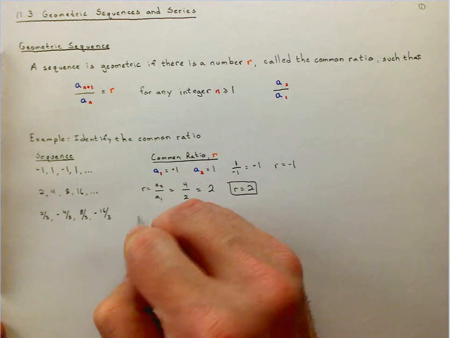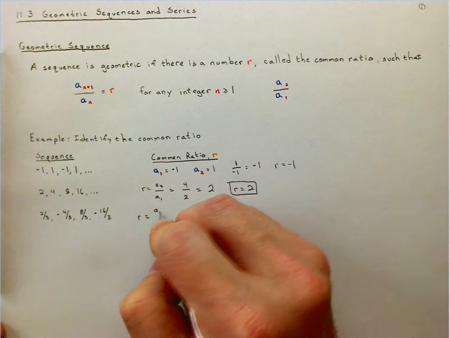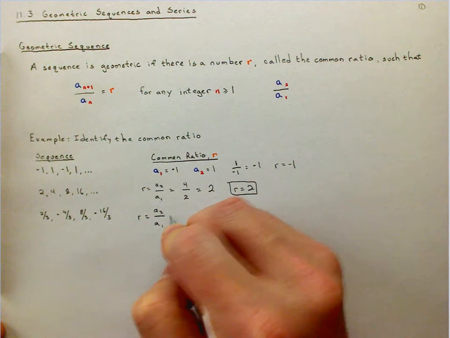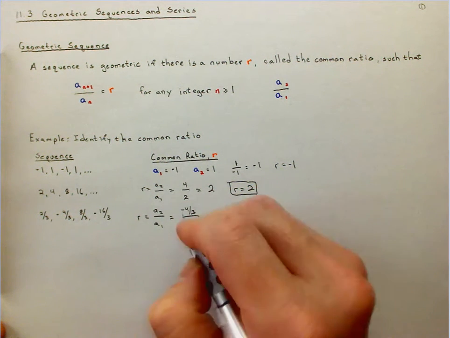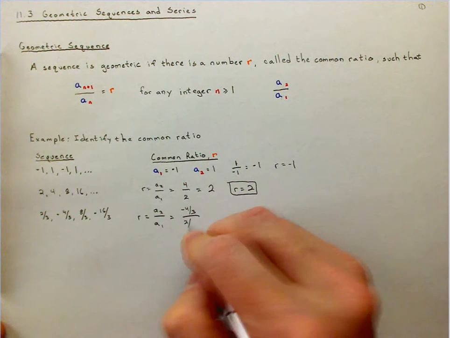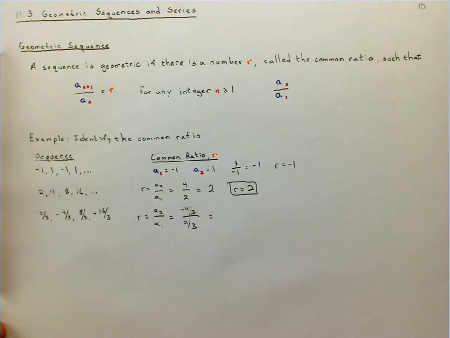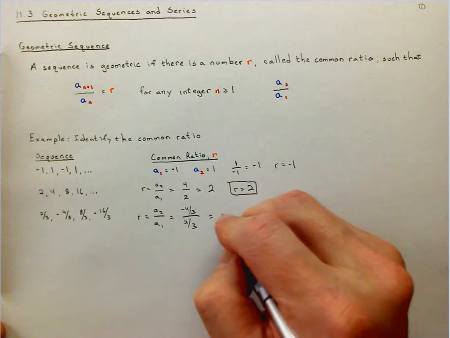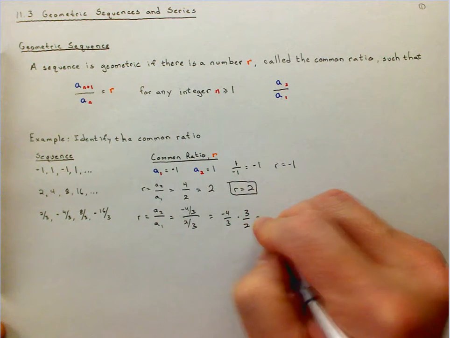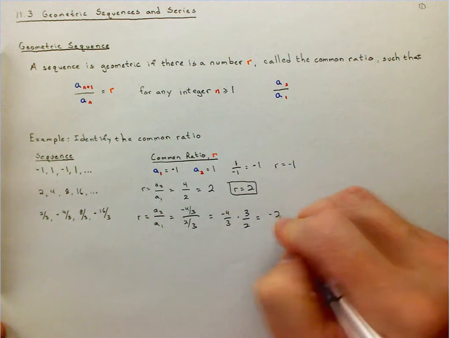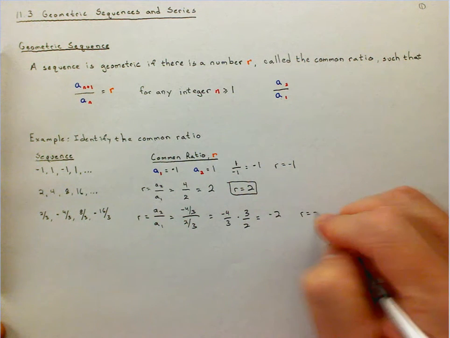For my next one, r equals a sub 2 divided by a sub 1. Well, a sub 2 is a negative 4 thirds, and a sub 1 is 2 thirds, which simply turns into, I multiply by the reciprocal. I have negative 4 thirds times 3 halves, and I end up with a negative 2. So r equals a negative 2.